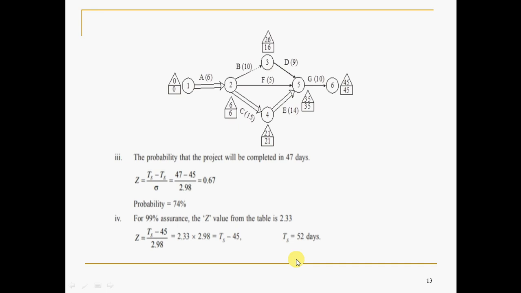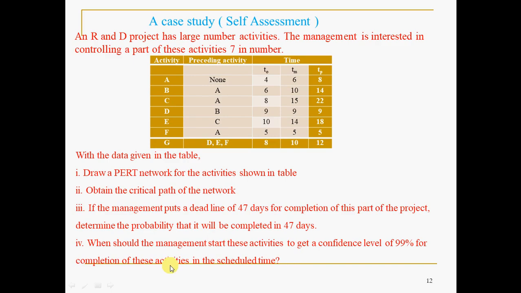What is the question? When should the management start these activities to get a confidence level of 99%? So if you want to meet the confidence level of 99%, though you expect to complete in 47 days, you should plan 5 days earlier. Why 5 days earlier?